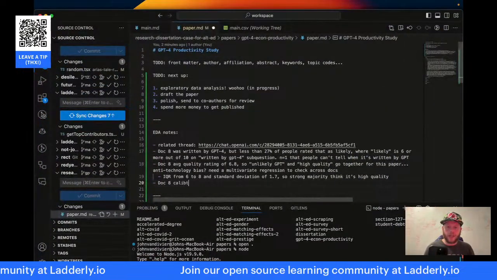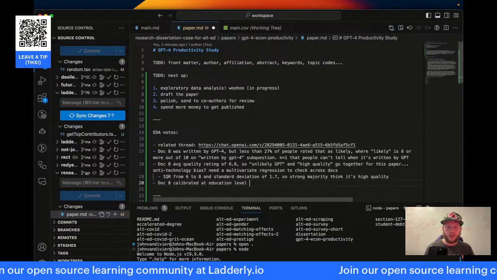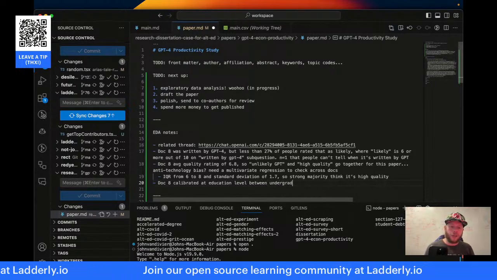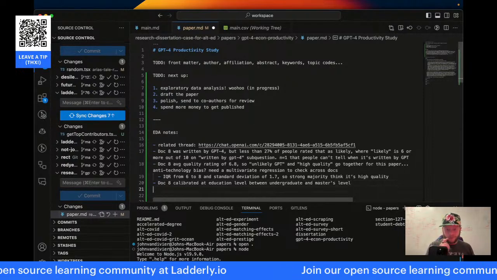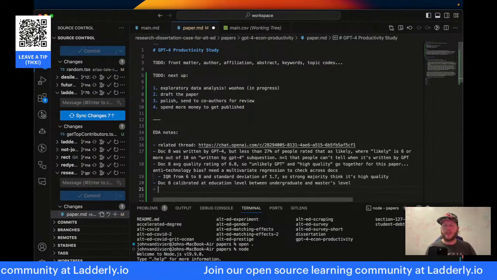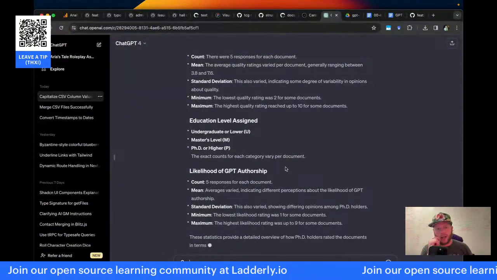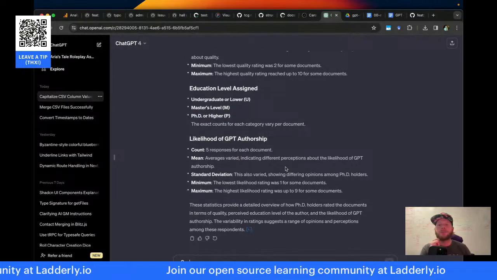Doc 8 calibrated at education level between undergraduate and master's level. So here we're basically picking on the case of Doc 8, and we might pick a second document and then branch out from there.